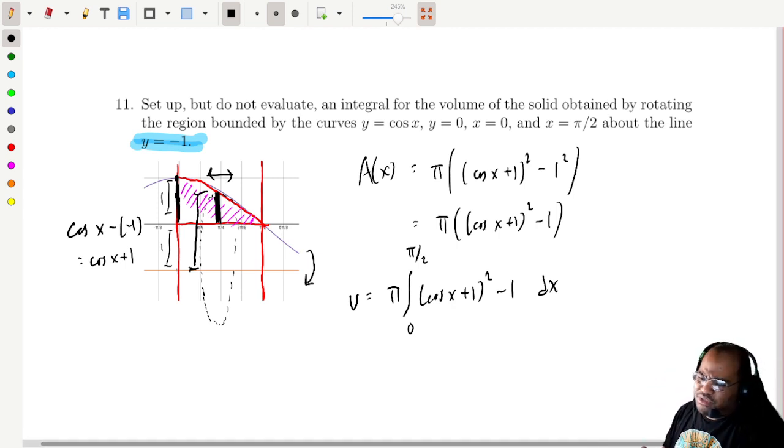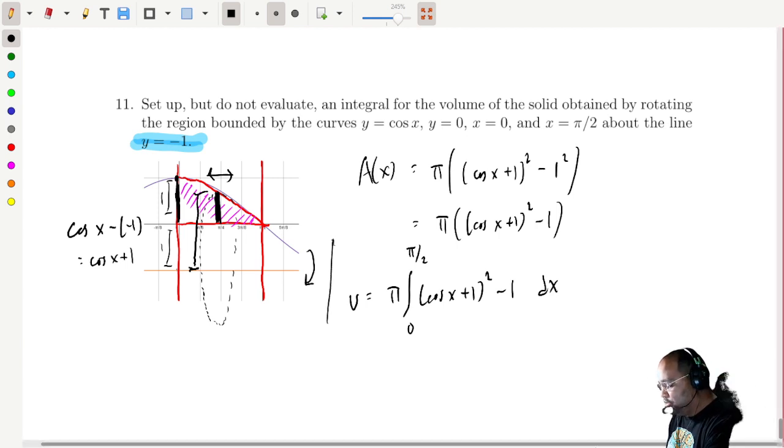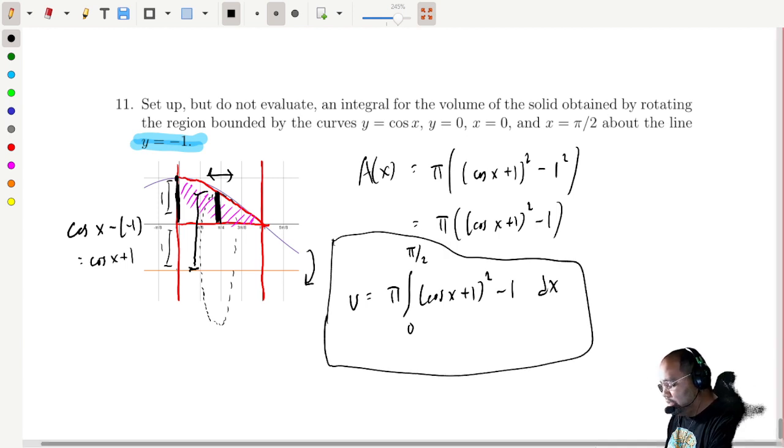Now, for the moment, we don't quite know how to handle integrating this. When we expand this out, we'll get cosine squared, and we don't quite have the tools to integrate that just yet. We'll need to call on some trig identities, especially the double and half angle formulas. Okay, but for the moment, this is the integral that we compute to find the volume.